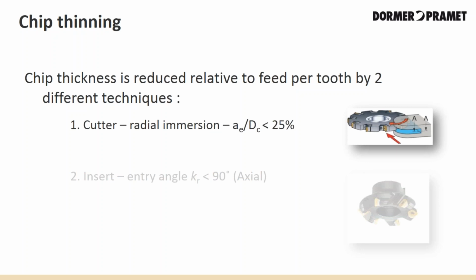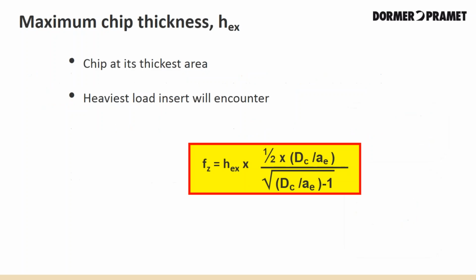It's important to consider the chip thickness before deciding the feed per tooth in order to optimize the process that you will be running. This calculation is used to establish the relationship between the maximum chip thickness actually seen by the insert cutting edge and the machine tool feed per tooth at the center of the cutter.